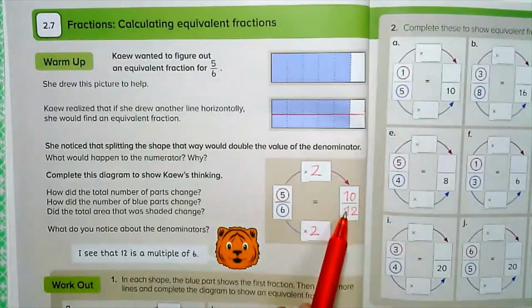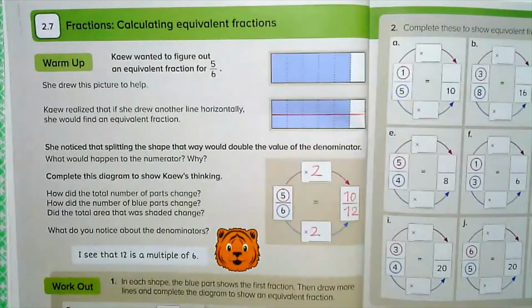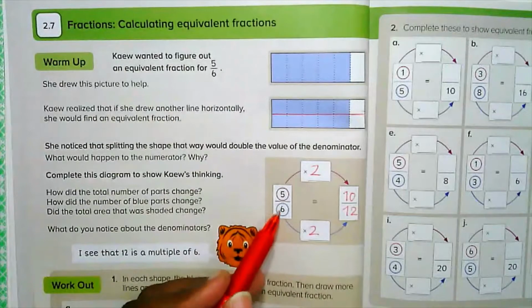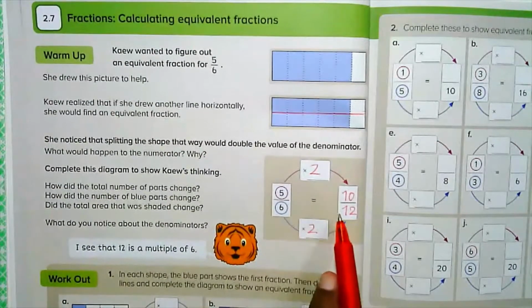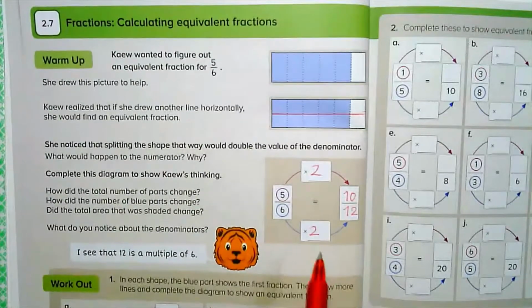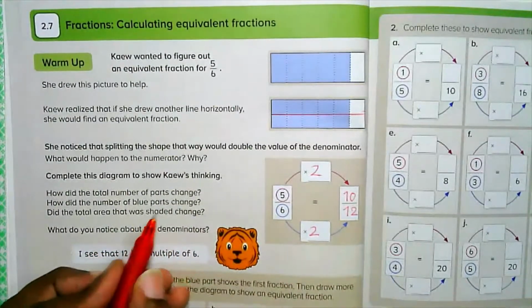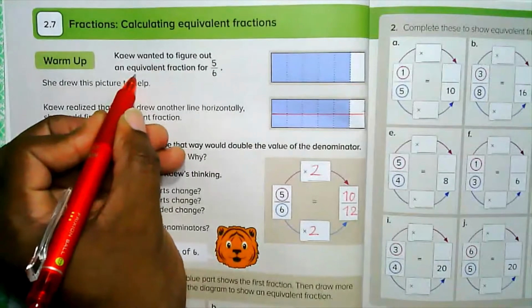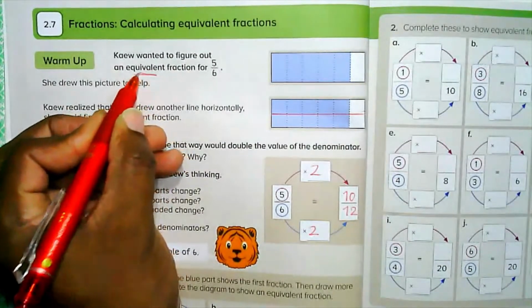So 10 of 12 is shaded. In other words, 5/6 is equivalent to 10/12. Equivalent means the same, equal.